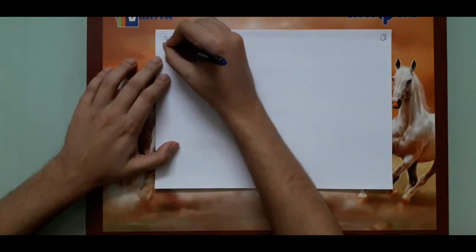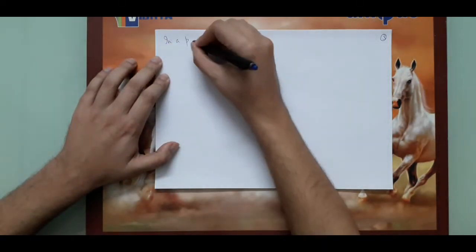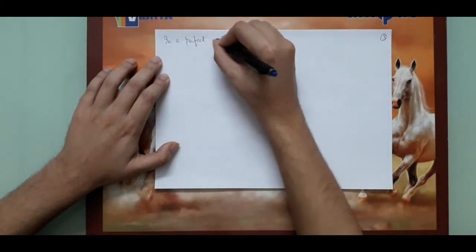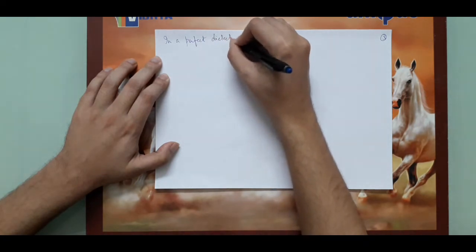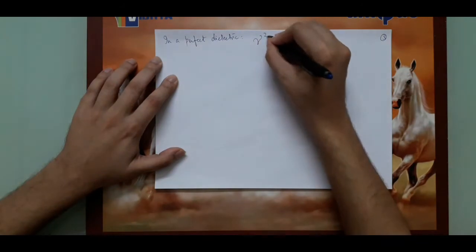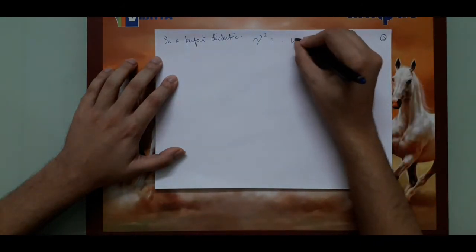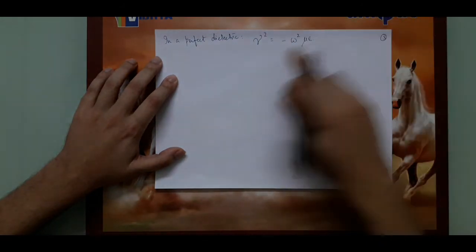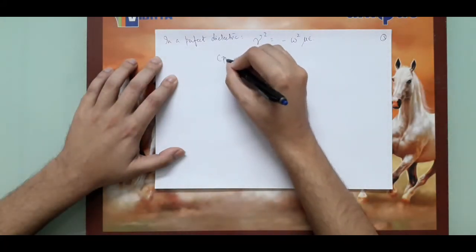So what we saw was, in a perfect dielectric, the propagation constant gamma square is nothing but minus omega square mu epsilon. This is the propagation constant.